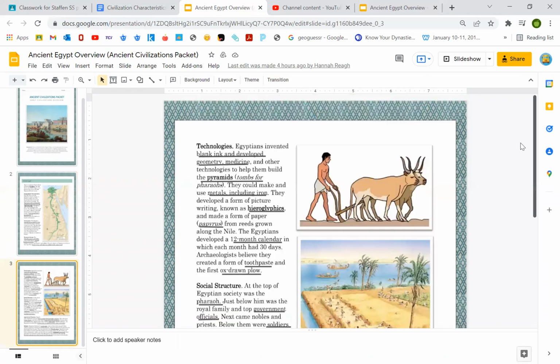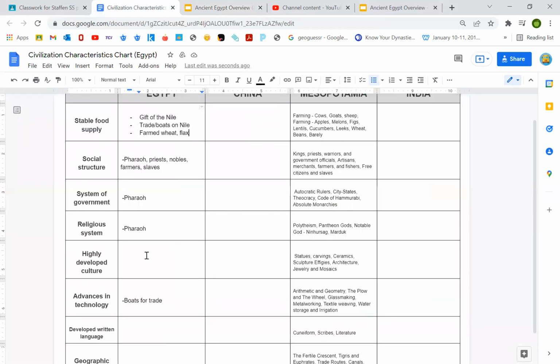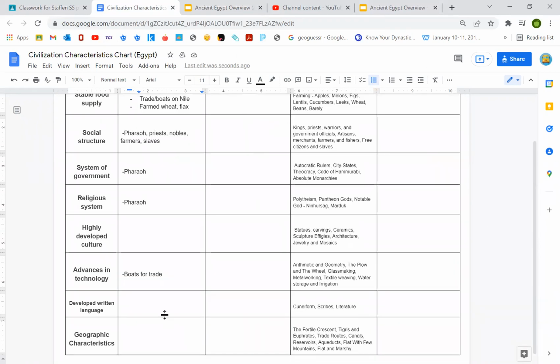Okay, the next page. Technologies. They developed black ink, geometry, medicine. And then also highly developed culture. Isn't the Pharaoh mixed in their culture?